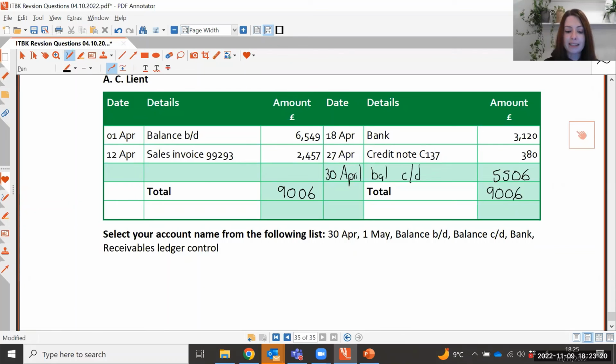And then remember that balance carried down at the start of the next period. What would we do with it? Where would it go? Yes, it would go below the total on the debit side, and that would be our balance brought down, and the balance brought down is always the same amount as the balance carried down.